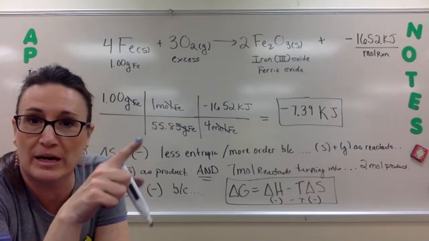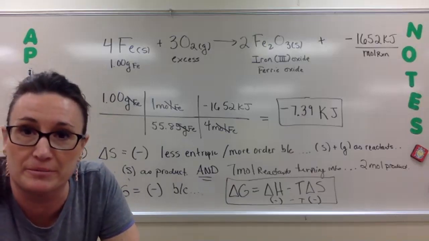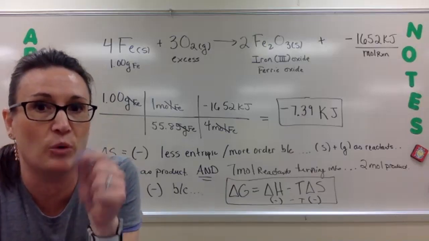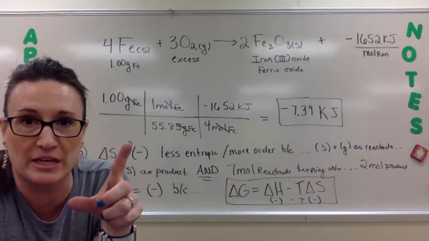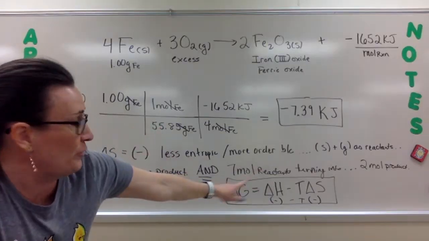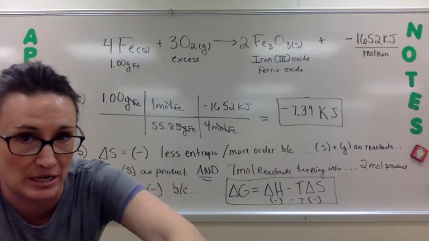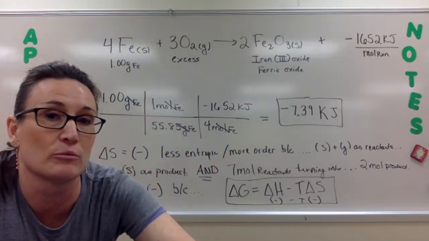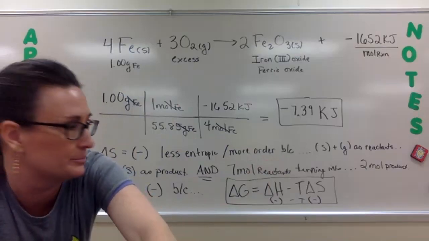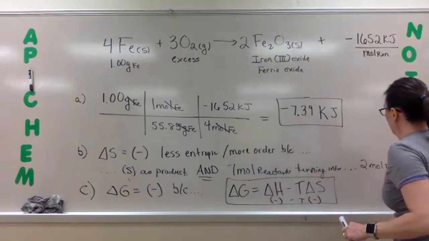Okay, now how low? I know we're going to go over, but I don't care. This is worth it because this is a tiny bit of thermo. Here we go. We're going to solve for it, okay? So if somebody said, what is, and I'll have to just tell you the delta S, I'll explain how I got it, but I'm just going to tell you it. What if you were asked what's the temperature that would be necessary to make this reaction spontaneous, or what do we call it, favorable, feasible? Here we go. So I'm going to keep that up here. I'm going to erase this other stuff.